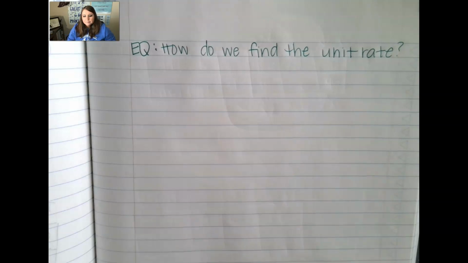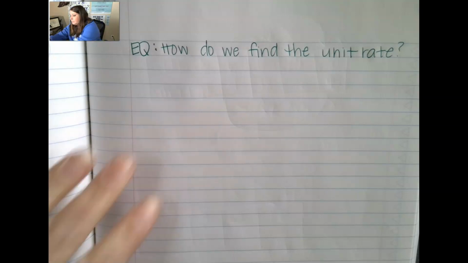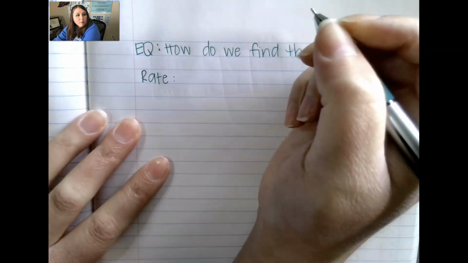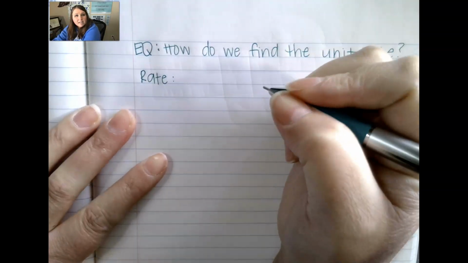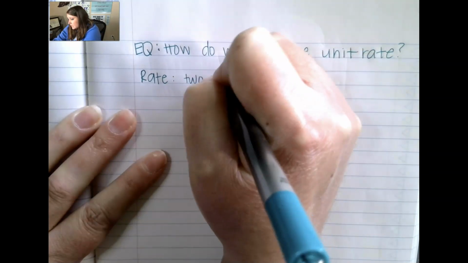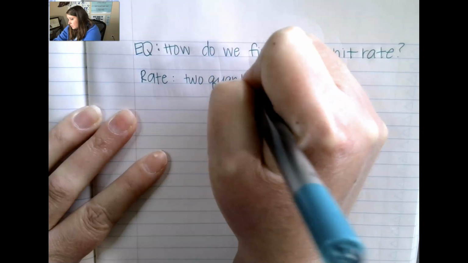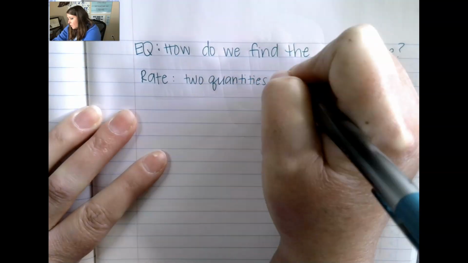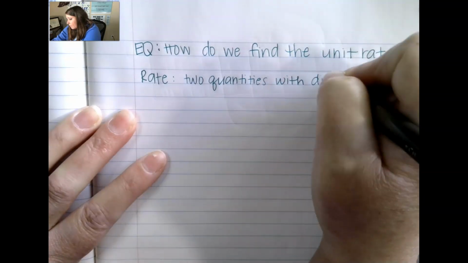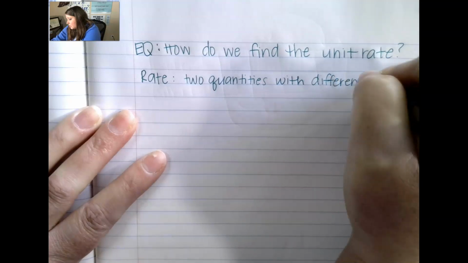So the unit rate has to do with ratios, but they are special ratios. So unit rate, we're going to first talk about the word rate. The word rate is a comparison of two quantities with different units.